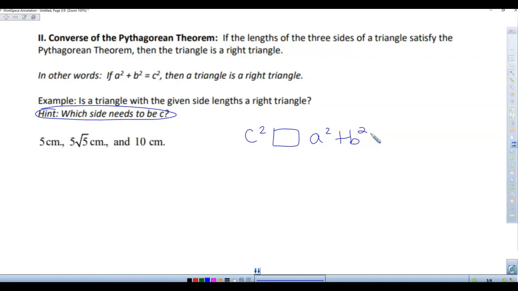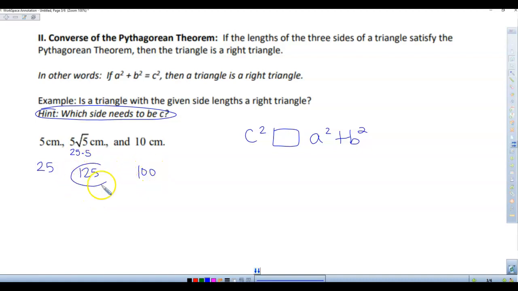In order to ensure that c is the longest side, one helpful trick is to square all these anyway, because the biggest square would have to come from the biggest side length. So I'm going to square 5 and get 25. I'm going to square 5 root 5, and 5 root 5 squared is 5 squared, which is 25, times root 5 squared, which is 5, so that's 125. And then 10 squared, of course, is 100.